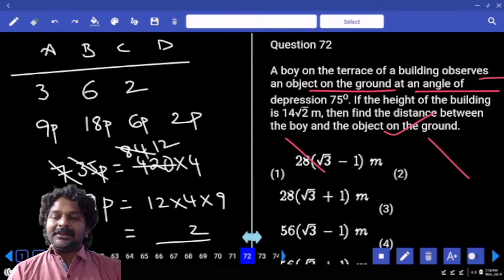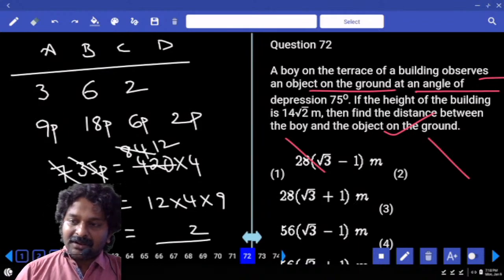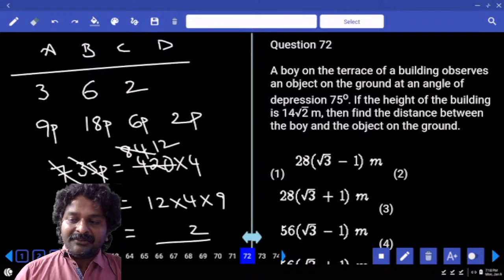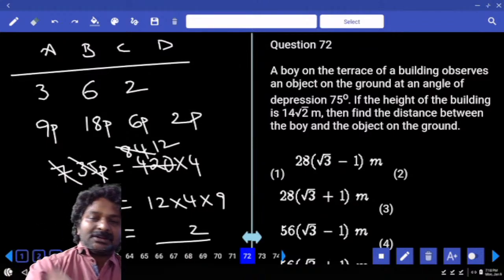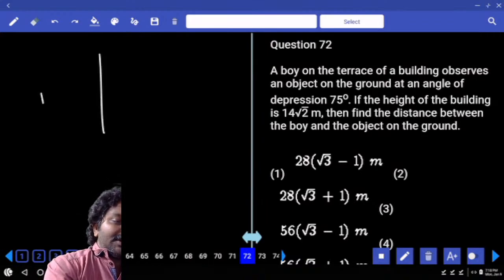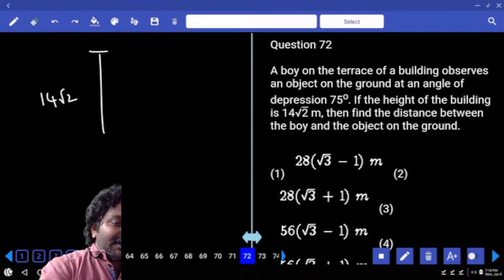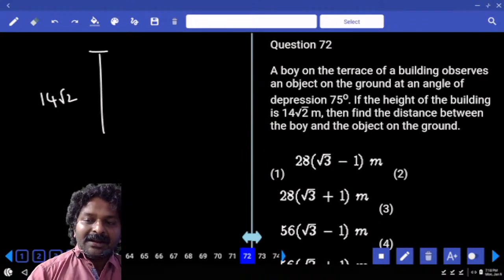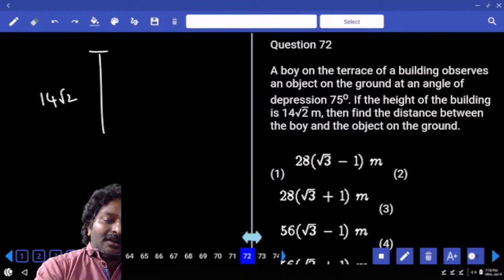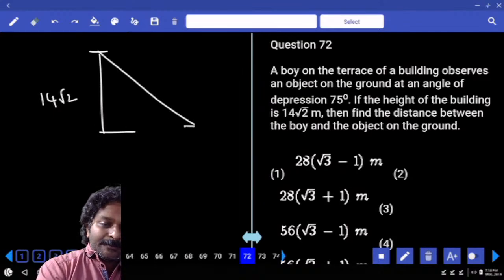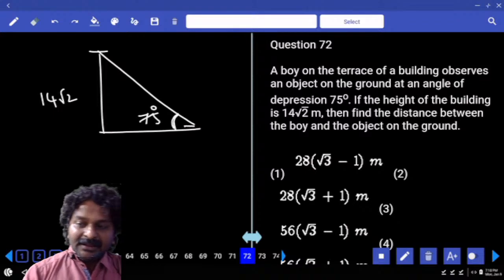A boy on the terrace of a building observes an object on the ground at an angle of depression 75. If the height of the building is 14 root 2, then find the distance between the boy and the object on the ground. Height is mentioned, 14 root 2. The angle is 75.